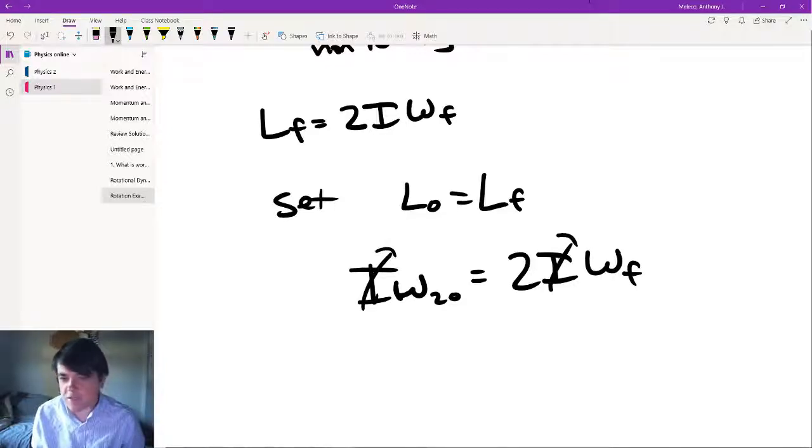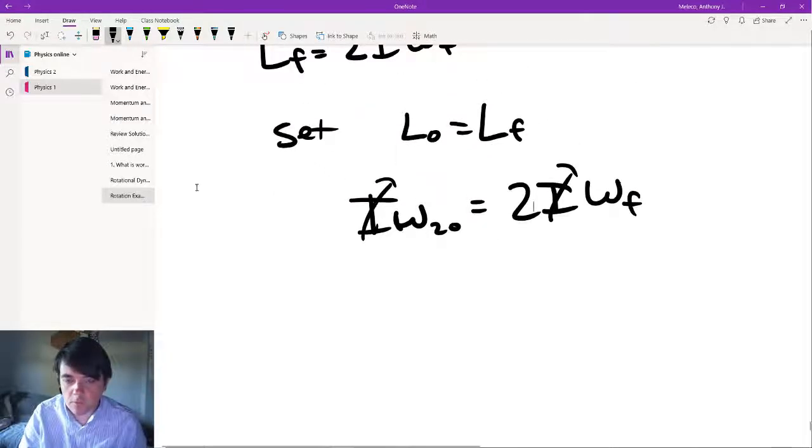The I's in this case will cancel, so we actually don't have to worry about what the moment of inertia is. It's just like when the masses cancel, right? Because moment of inertia is basically the angular equivalent of mass. Mass is resistance to linear stuff, and moment of inertia is resistance to rotation.